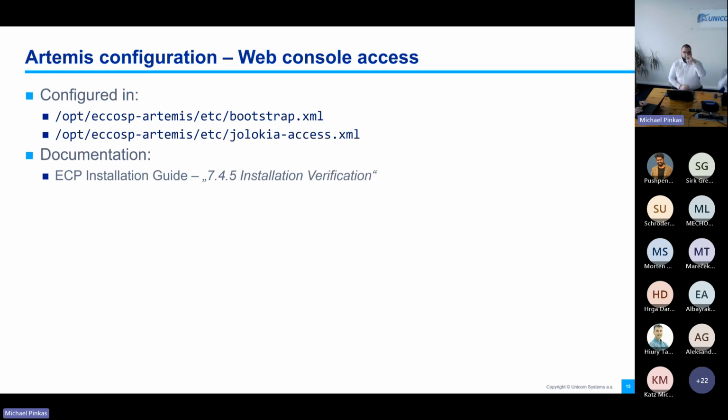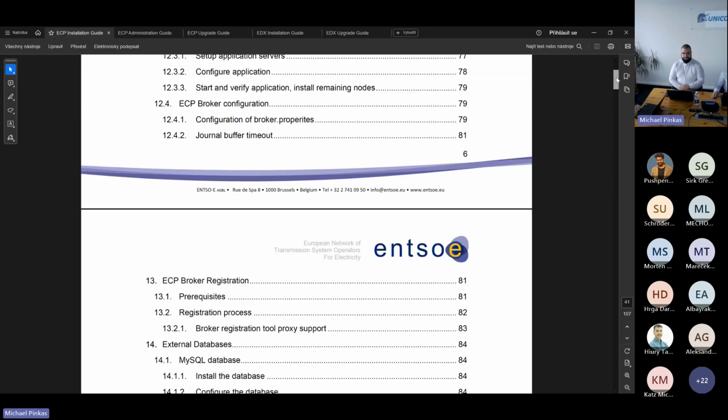Let's continue with the web console configuration. The access to the web console is configured in two files, the Bootstrap XML and the Jolokia access XML. This is documented in the ECP installation guide, chapter installation verification. We can take a look.